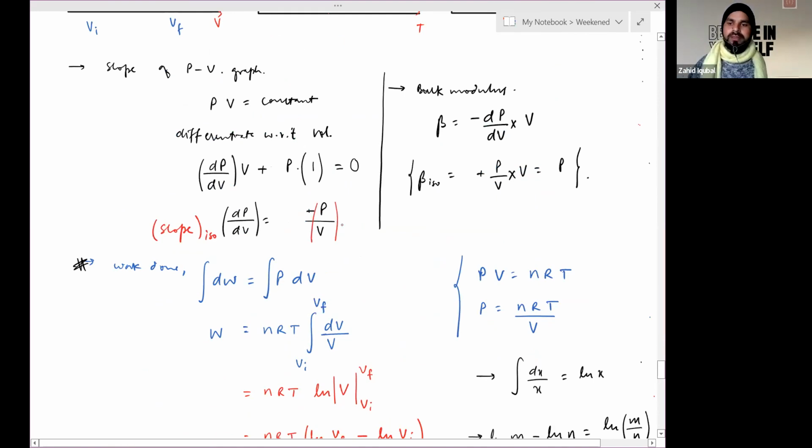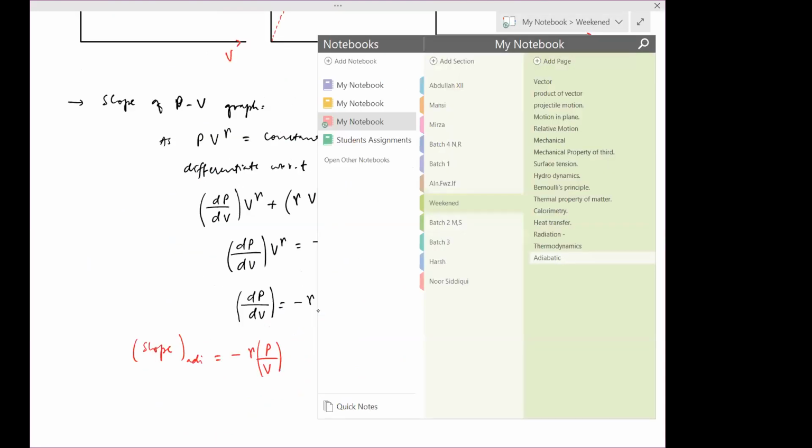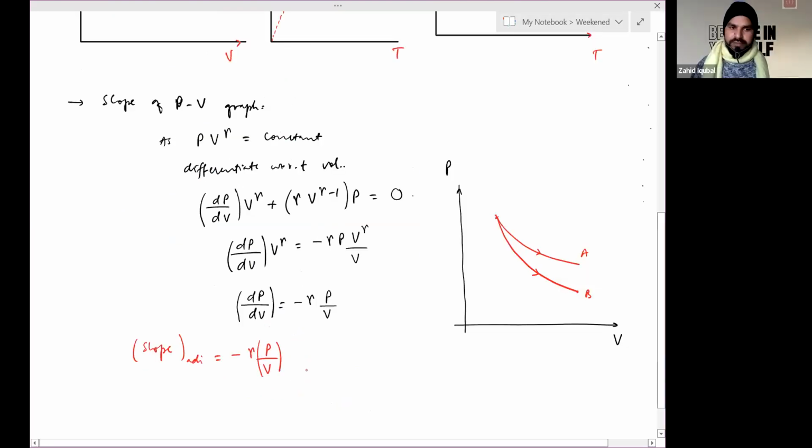Okay. Sumaya, is it clear? Yes, sir. Okay. So if you have to compare, you'll say slope for isothermal is minus of P by V and slope of adiabatic is minus gamma times P by V. So on comparing, you will say slope for adiabatic will be gamma times slope for isothermal.